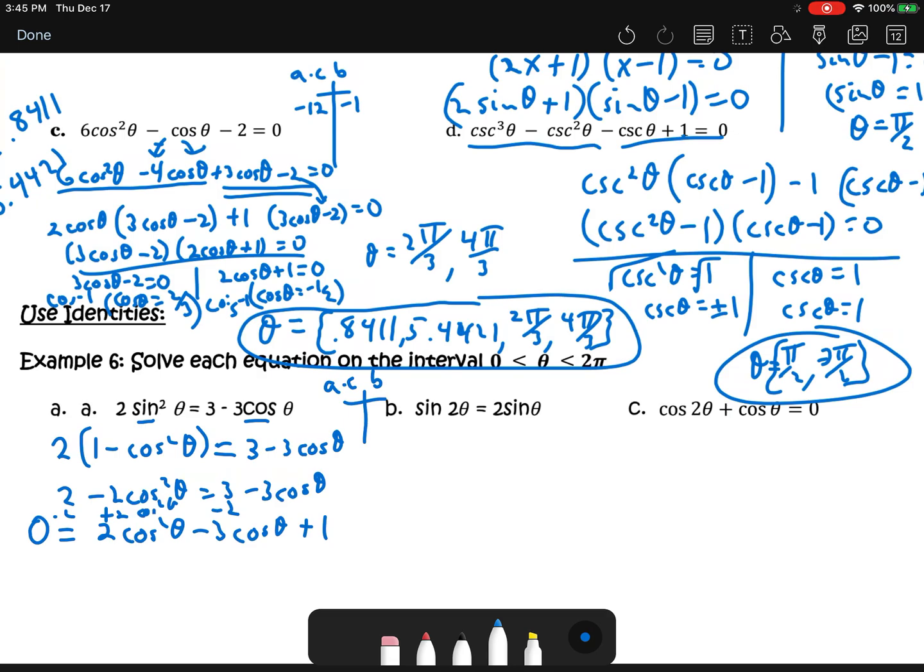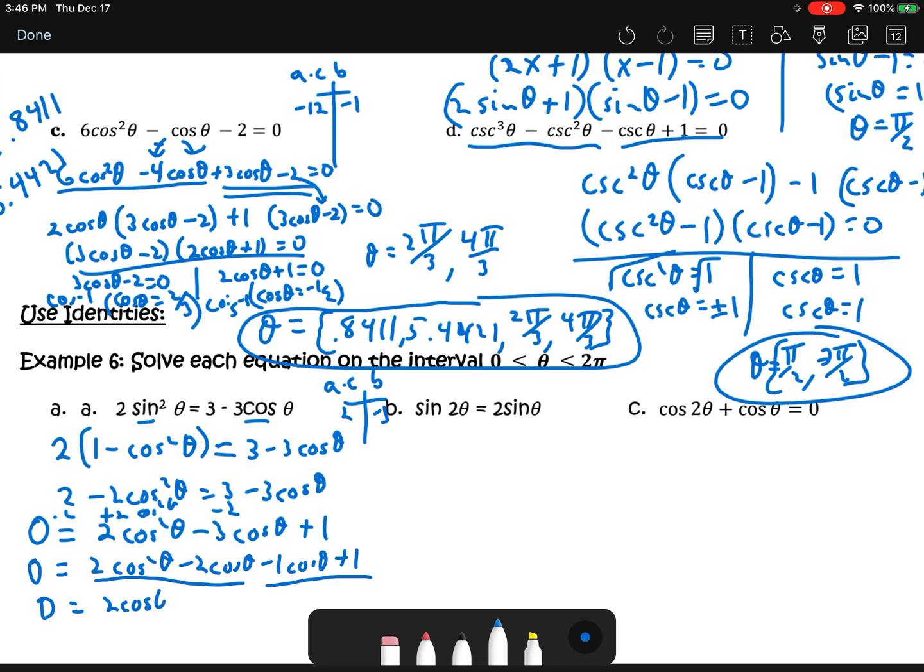A times C has to add up to B. So that's 2 has to add up to negative 3. So what times what gives you 2, but when you take those two numbers and it adds up to negative 3, well, that's pretty easy. It's minus 2 cosine theta minus 1 cosine theta. And then we factor by grouping.